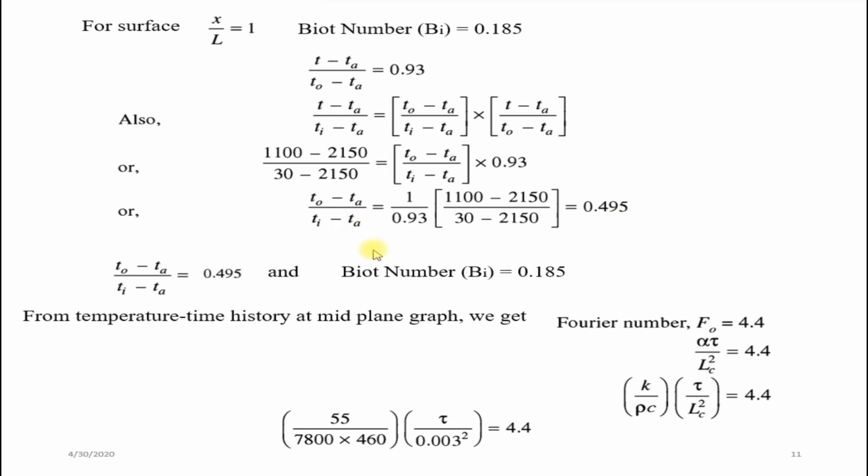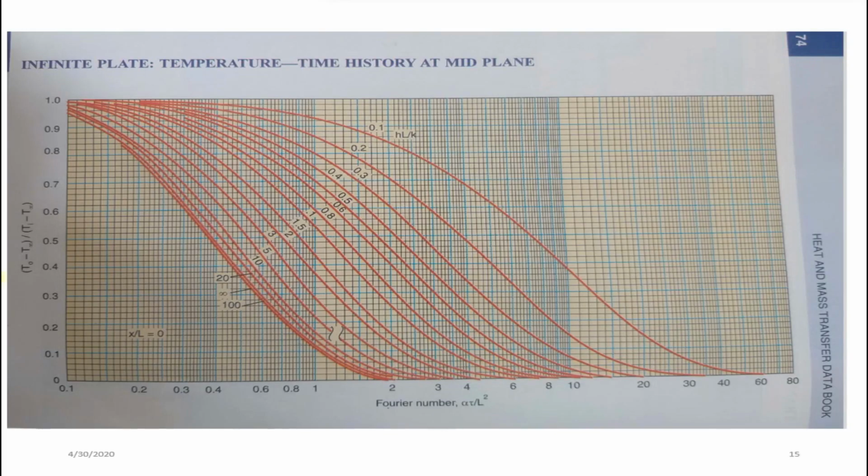Now you go to the first graph, because you have the value of the y-axis, that is T0 minus T infinity divided by Ti minus T infinity, and the Biot number you have. With the help of these two values, find out the Fourier number.